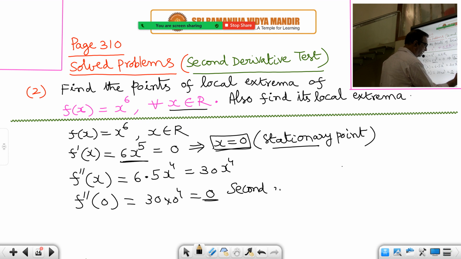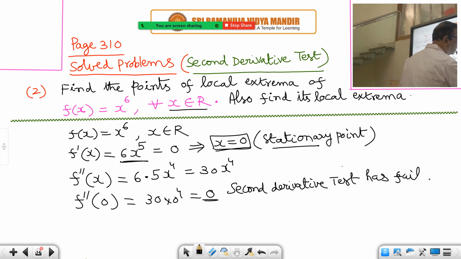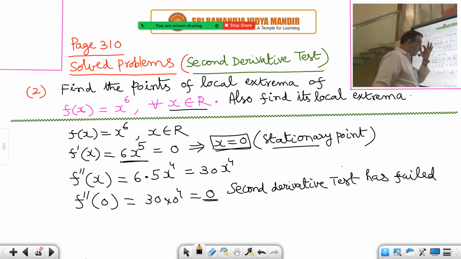We can write: second derivative test has failed to give any clue about the nature of the function at x equal to 0.